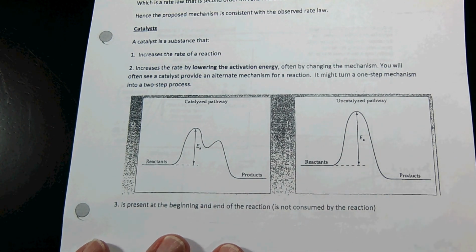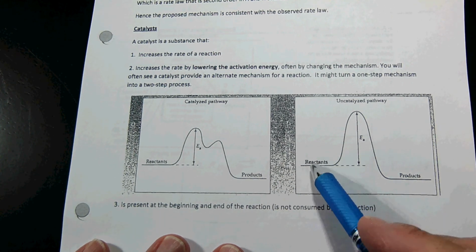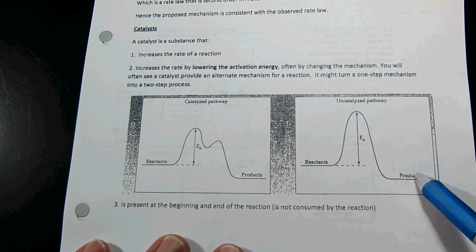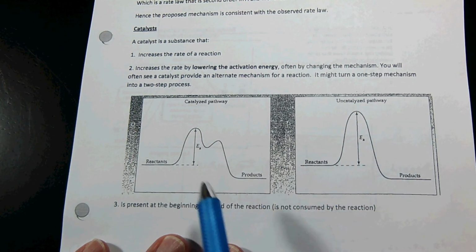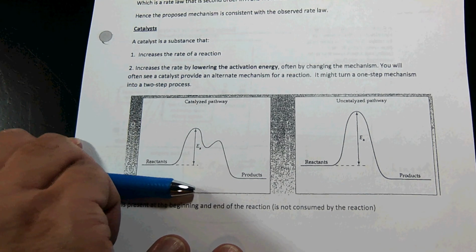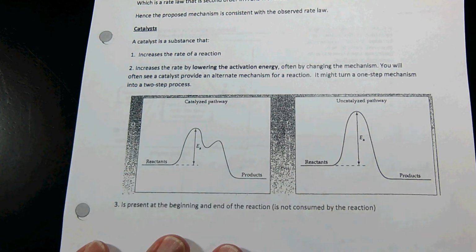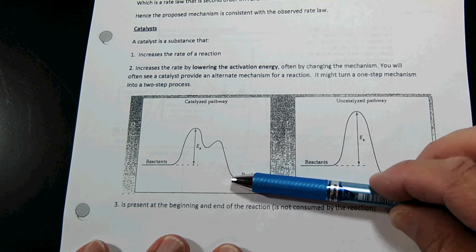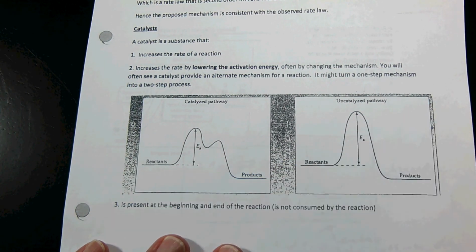And another big thing to keep in mind with a catalyst, they're not unidirectional. Your catalyst doesn't just catalyze reactants going to products, it catalyzes products going to reactants. So if you make the forward reaction go faster, you're also going to make the reverse reaction go faster. All a catalyst does is it makes everything go faster. The reaction will come to equilibrium faster than it did before. A catalyst can never shift the position of equilibrium.